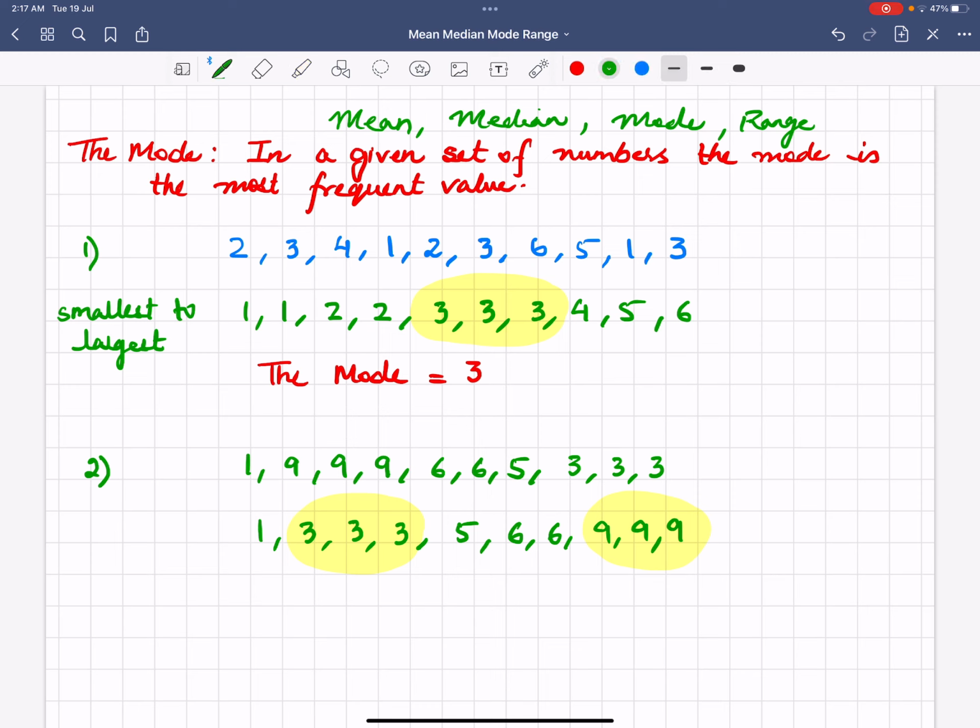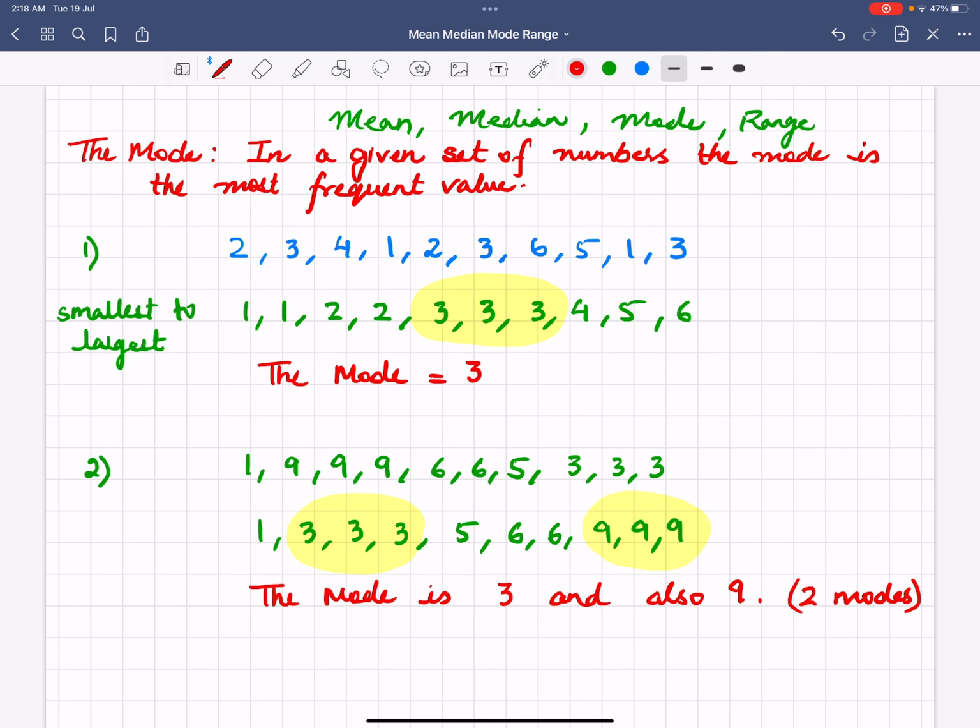In this case, we will have 2 modes, and the answer is the mode is 3 and also 9. Why? Because both of these numbers are appearing 3 times. Therefore, we have 2 modes in this case. It is possible to have more than one mode.